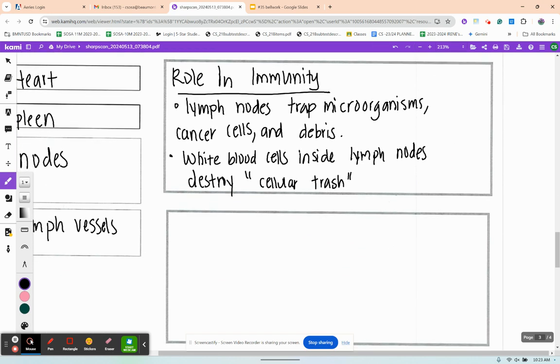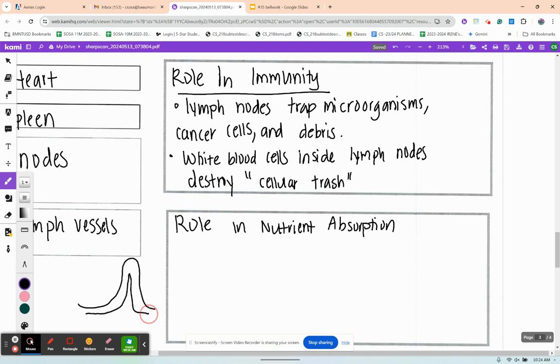All right, the third function of the lymphatic system is its role in nutrient absorption. If you recall my lining of the intestine, we have our villus, right? And then we had the lymph vessel. So our lymph vessels pretty much absorb our fat.